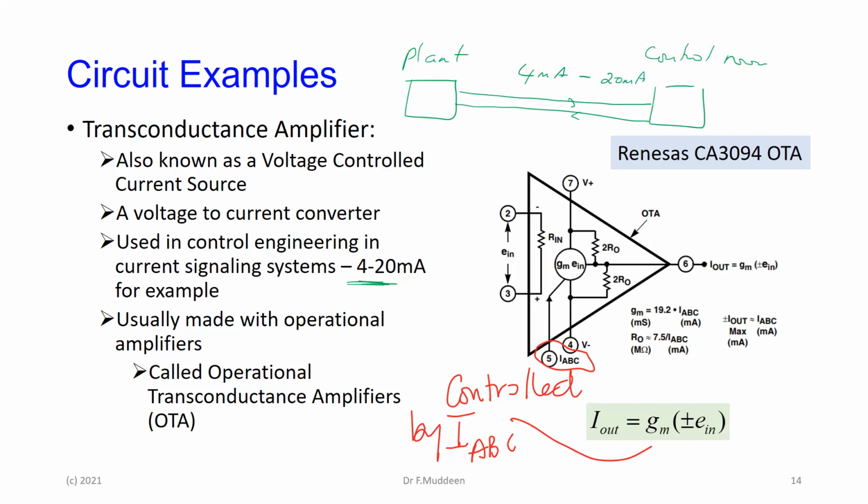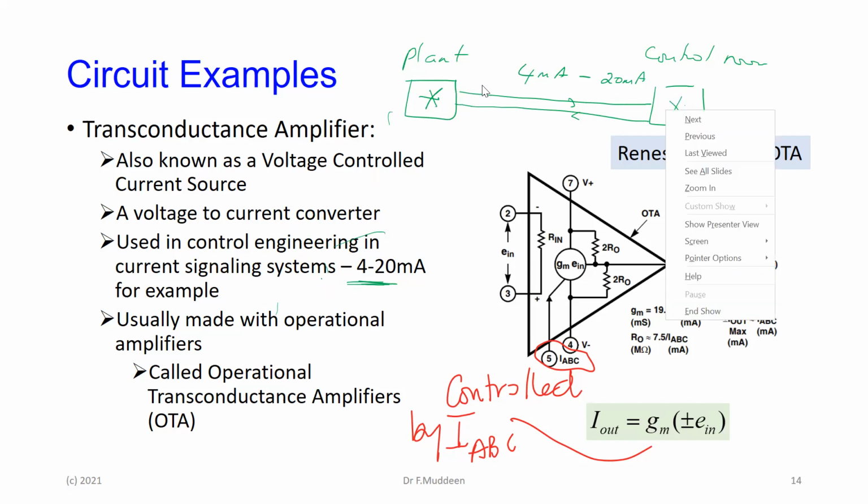Now, just thinking about it, something is happening in the plant outside here, and I want to know what is going on at this point here. So I'm sending a current signal to tell me that.